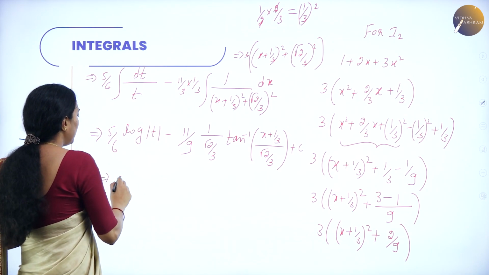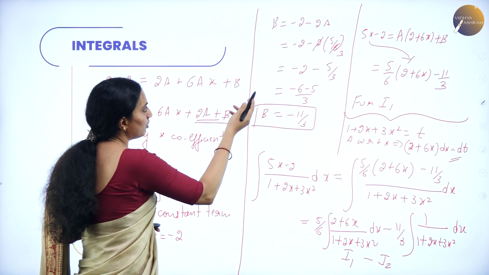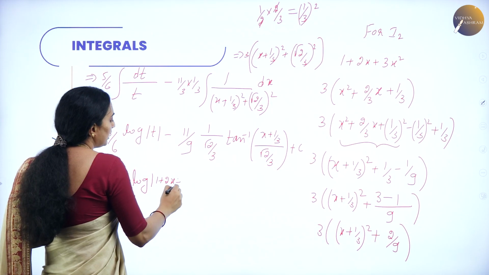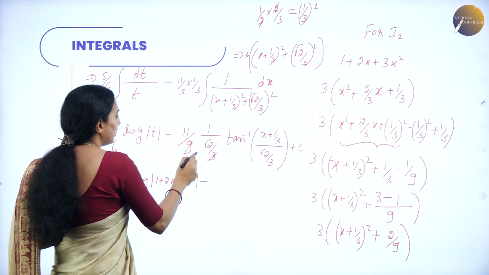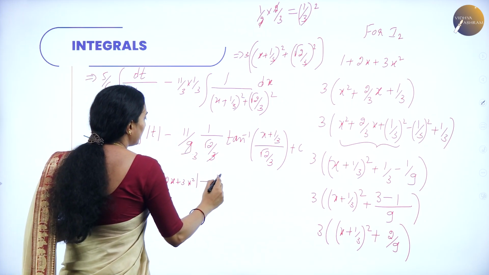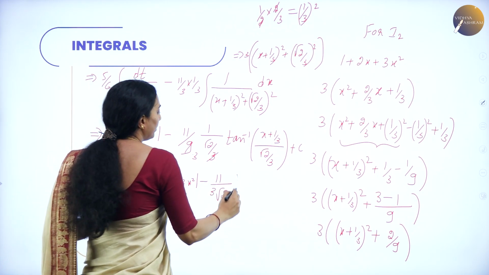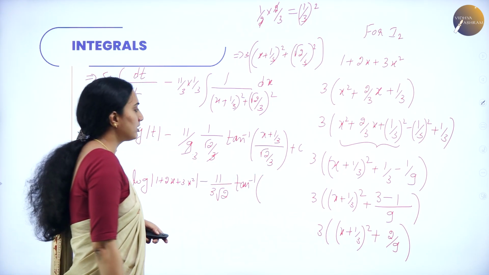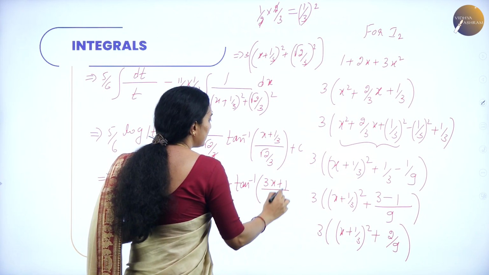You are getting 5 by 6 into log, substituting back to t. T we have substituted for I1 is nothing but 1 plus 2x plus 3x squared, minus, this will become, see, 3 1s are 3, 3 3s are, therefore you are getting 3 into root 2, that is 11 divided by 3 root 2 into tan inverse of, if you take LCM here, the 3s will get cancelled, taking LCM, 3x plus 1 divided by root 2, plus c.